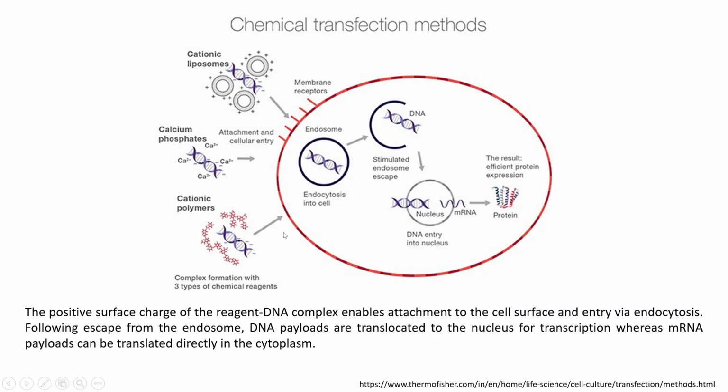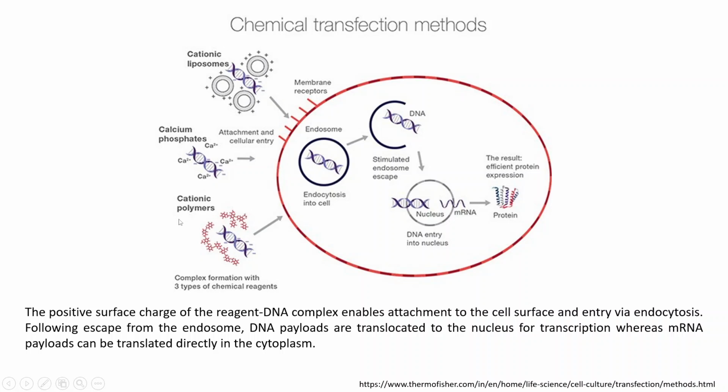And you can also have complex formations with different chemical reagents. One common one is this polymer called PEI. I use that a lot. It's another positively charged, cationic polymer that can bind to your DNA, and based on your requirements, you can use branched PEI or linear PEI.